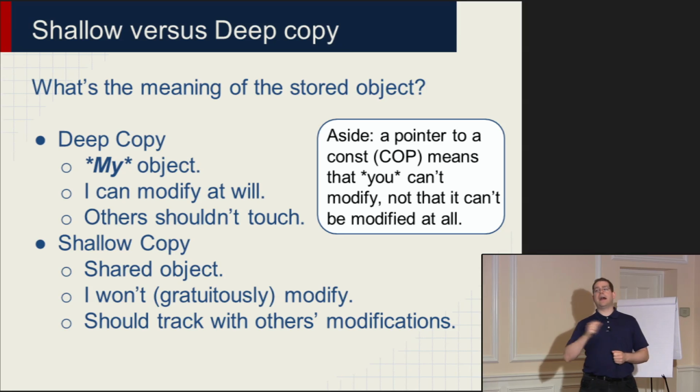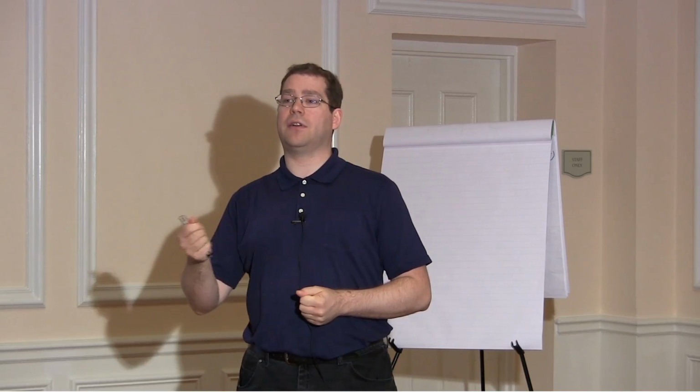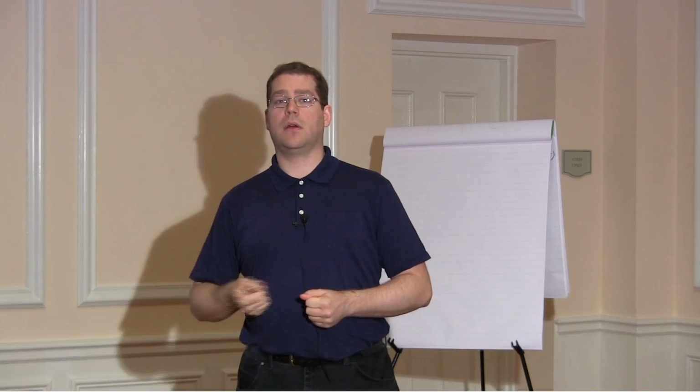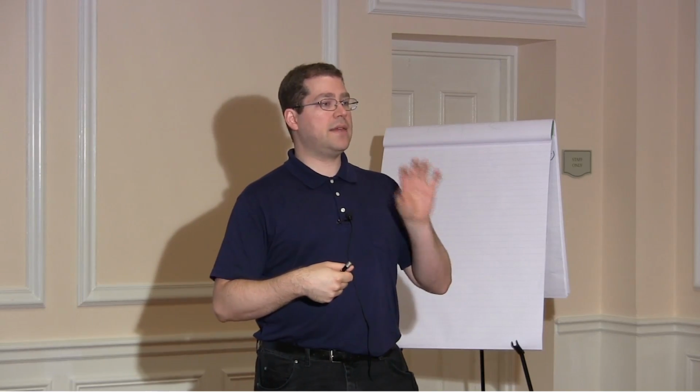It doesn't mean that someone else who has a regular owning pointer can't make a modification. So even if you have a constant owning pointer to an object, if you didn't implement deep copy semantics, someone else may be modifying that object, so what you're pointing to might change underneath you.